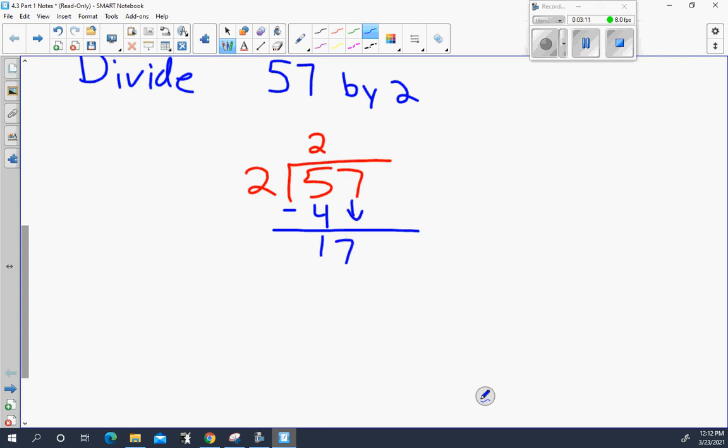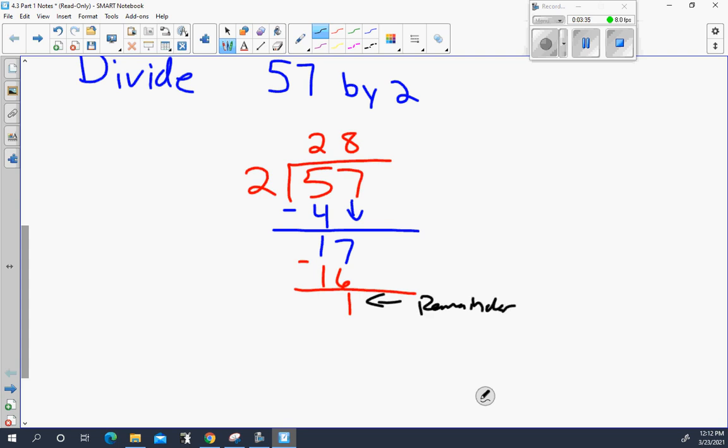Okay, now how many times does 2 go into 17? Should be saying 8, Mr. X. 8 times. 2 times 8, that's 16, right? 16. Subtract 17 minus 16, we get 1. So our 1 is our remainder.